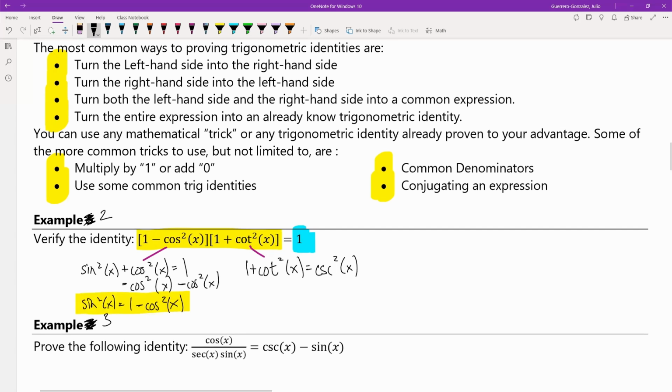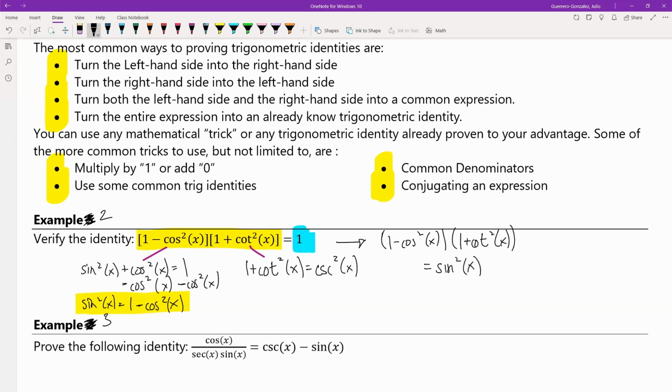So now what I want to do is this. I'm going to go over this way, and I'm going to do this: 1 minus cosine squared of x times 1 plus cotangent squared of x is equal to, we know what this is, that is going to be sine squared.